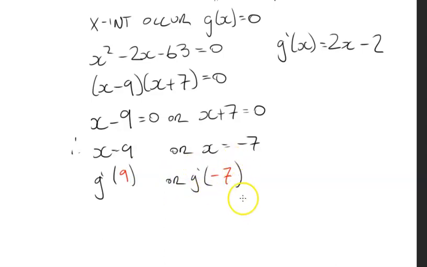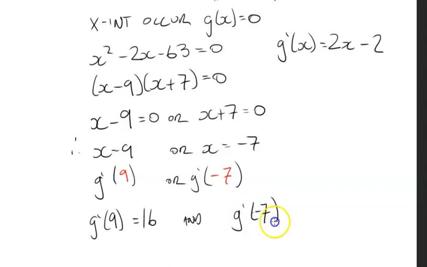So g dash of 9, substituting into here, 2 times 9 is 18, minus 2 is 16. So g dash of 9 is 16, and g dash of negative 7: substituting in, negative 7 times 2 is negative 14, minus another 2 is minus 16.